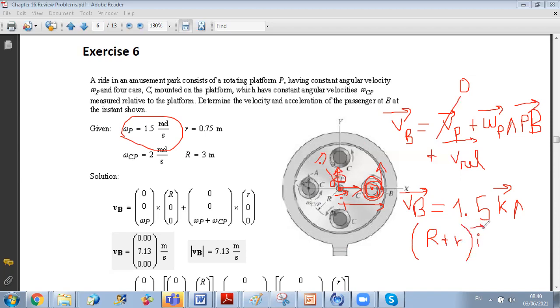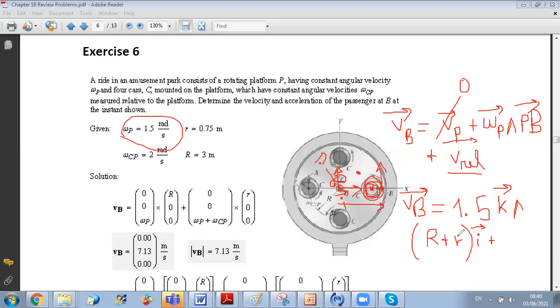And finally, plus V relative. V relative represents the relative motion of B with respect to the plate. So if you are standing on the plate, what do you see? You see that B is doing rotation about this point. So if you are standing here, this point seems fixed to you, but B is rotating about it. So V relative is due to the rotation of B around this point.